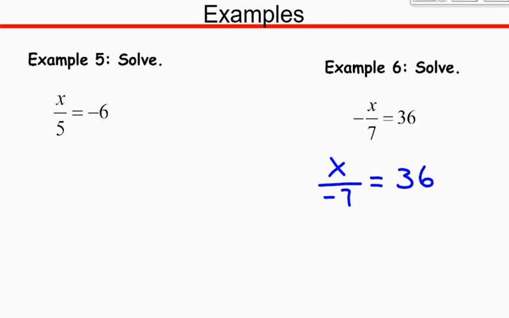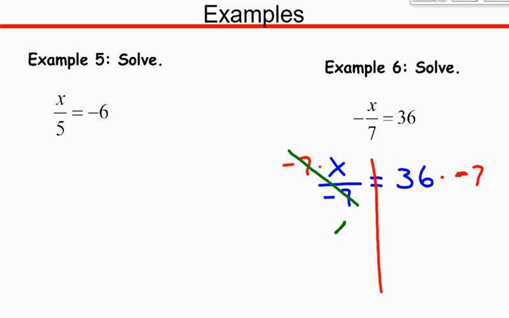and rewrite it. Okay? So the opposite of dividing, this reads x is divided by negative 7. Opposite of divide is multiply. So as long as I multiply both sides by negative 7, I'm okay. I can do it as long as it happens to both sides. So these guys are going to cancel.